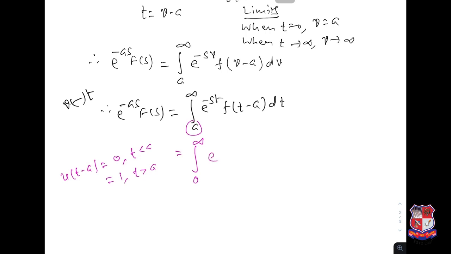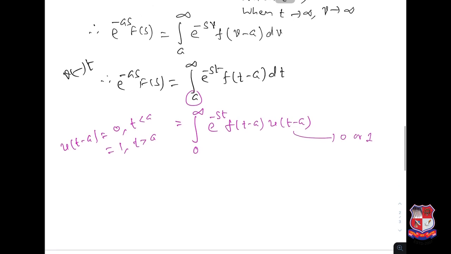So we can write this part as e to the power minus st f of t minus a, and now I can write u of t minus a, because u of t minus a has value either 0 or 1. Here we have value 1 from a to infinity, so instead of 1 we write u of t minus a, and this a to infinity we write as 0 to infinity without any problem, because in 0 to a the value is 0. But this is exactly nothing but what? That is the definition of the Laplace transformation of this function.